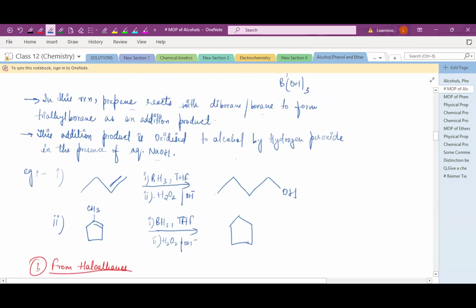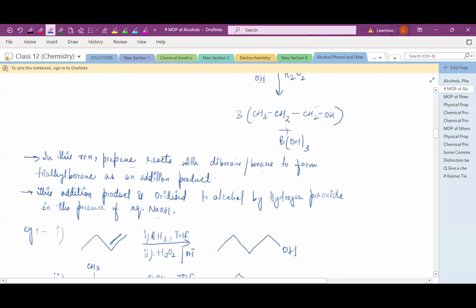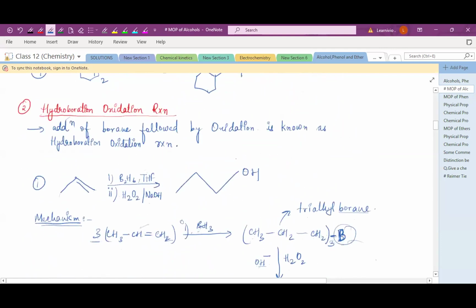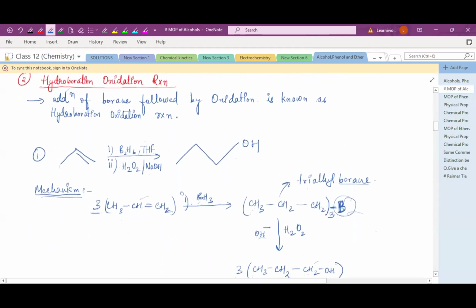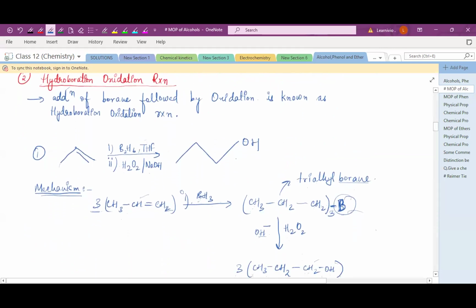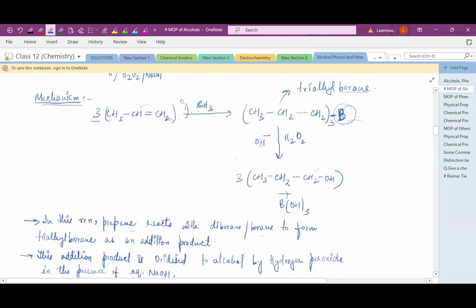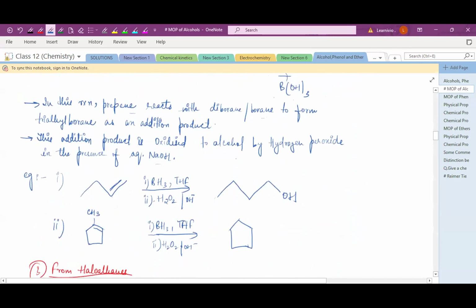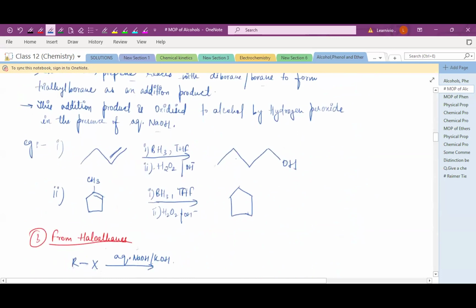Okay, see. In the hydroboration oxidation reaction, you have to follow the anti-Markovnikov addition rule. You don't have to write down the mechanism, only how you will write the product. So the OH group should be attached to that carbon which has more number of hydrogens, just opposite of Markovnikov addition. Suppose this is your first and this is the second carbon.